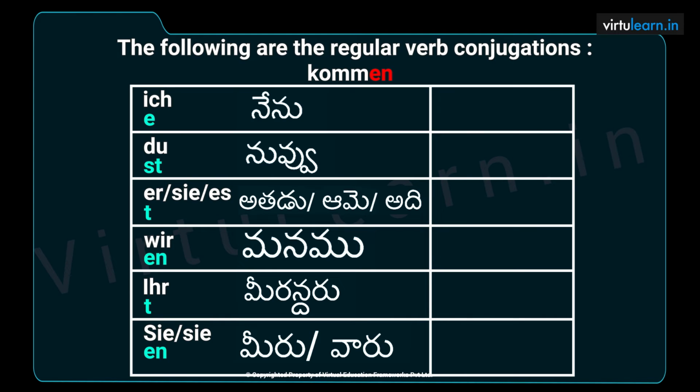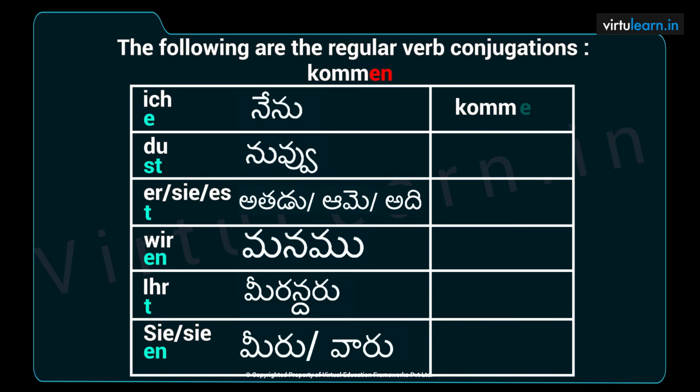So if I bring down the stem across all the personal pronouns, the verb sounds as ich komme, du kommst, er, sie, es kommt.